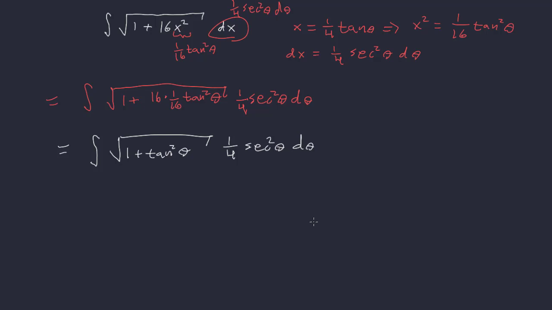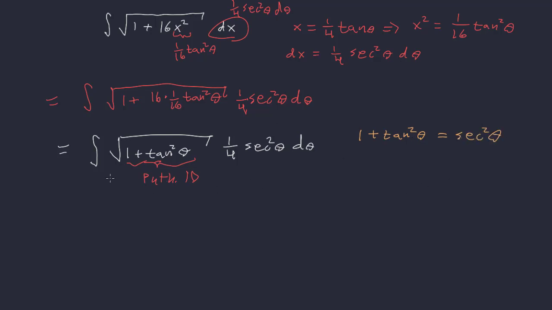All right, so now we're going to use a Pythagorean identity, and typically this should simplify down to just a secant. Our Pythagorean identity, I'll use a different color over here, is 1 plus tangent squared theta equals secant squared theta.